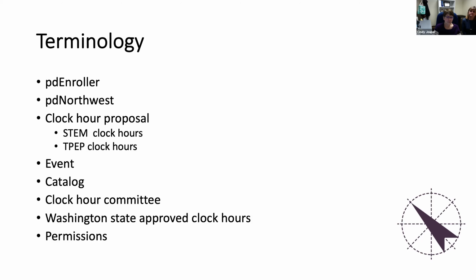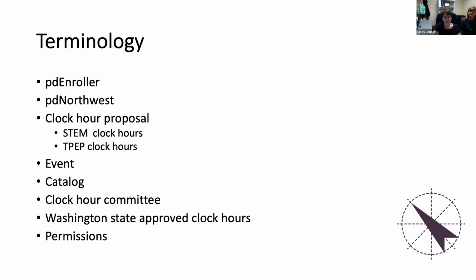The clock hour committee is people, starting with Nicole and me, who approve these clock hours based on the published Washington State approved clock hour requirements, the WACs that are governing that. So we make sure that anything that we approve meets the WACs. We have said no to things if they don't.